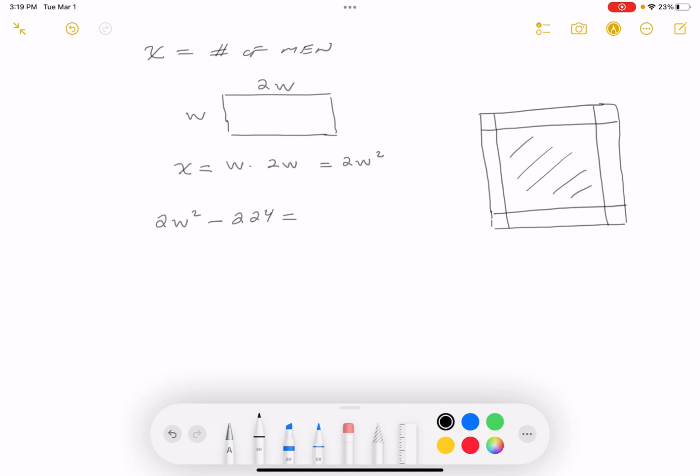Here's what they said though. They said it's four deep. Now what does that mean? In the corners, it would be 4 by 4, so there's 16 men here, 16 men here, 16 men here, 16 men here.